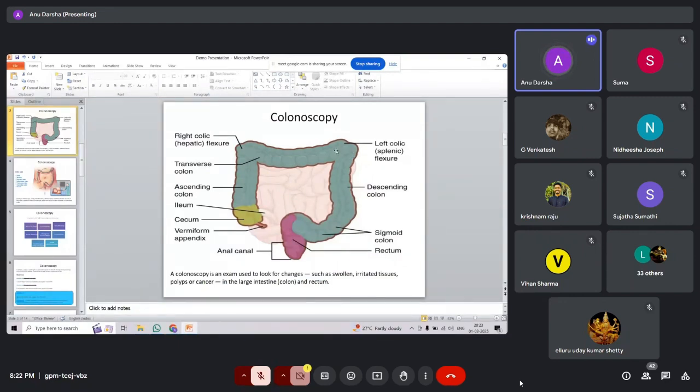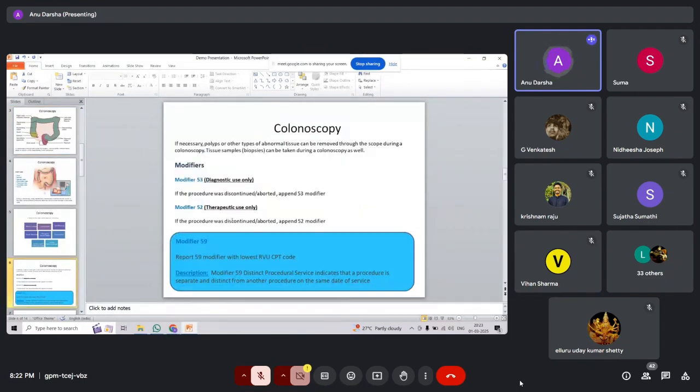So, after crossing the splenic flexure, before reaching this cecum, if anywhere in this area or in this area, they are terminating the procedure, then you have to check whether it is a diagnostic procedure or a therapeutic procedure. Okay, so if they have not taken any sample, then go with the diagnostic CPT, whatever we have for colonoscopy.